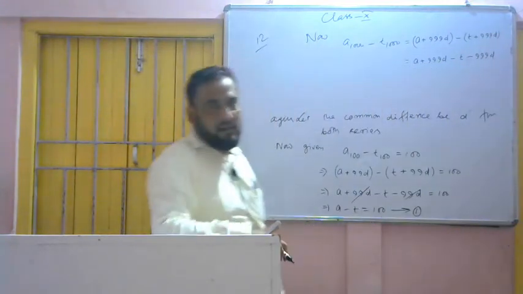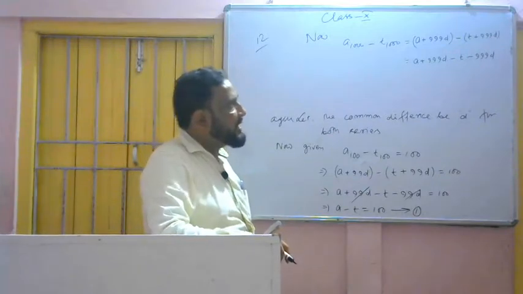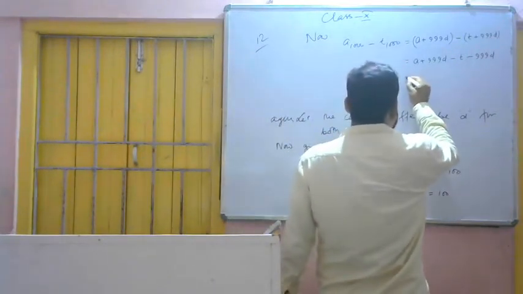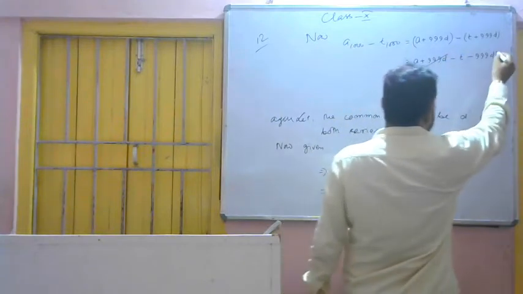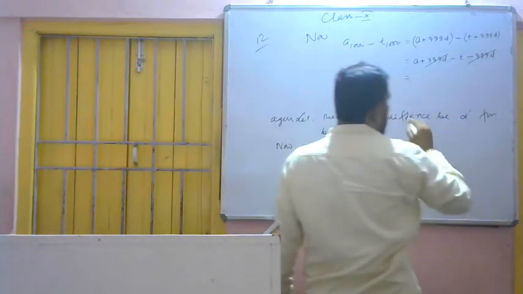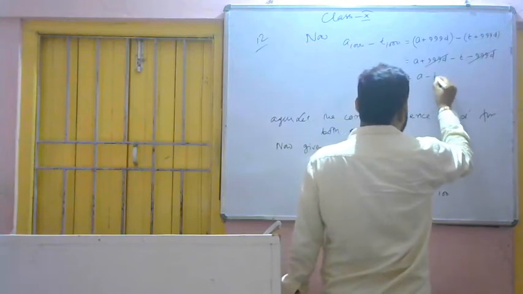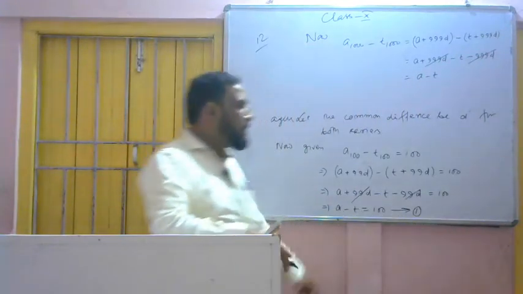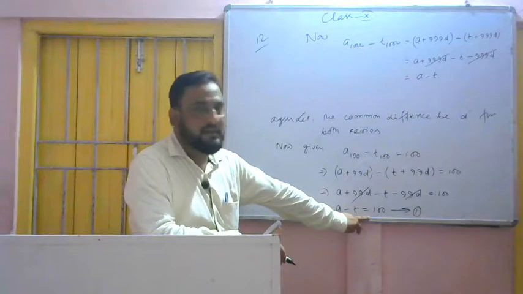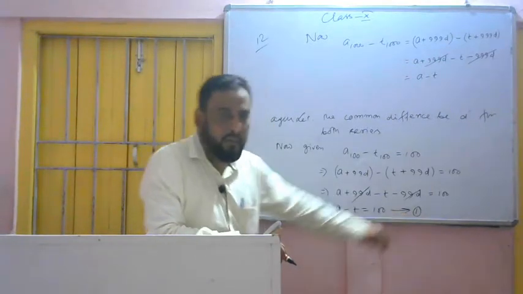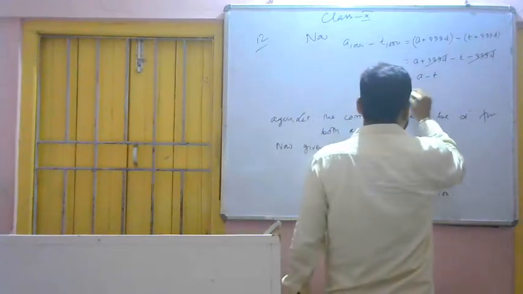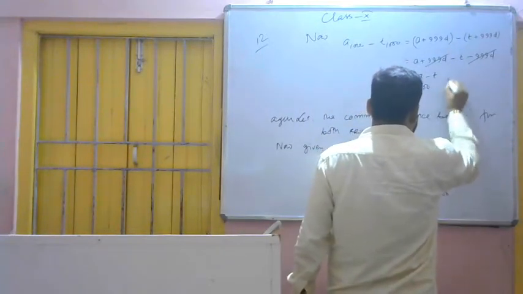I am just trying to simplify it. So we got 999d plus and 999d minus, so what remains is a minus t. Now the value of a minus t is 100, as given earlier in equation number 1.